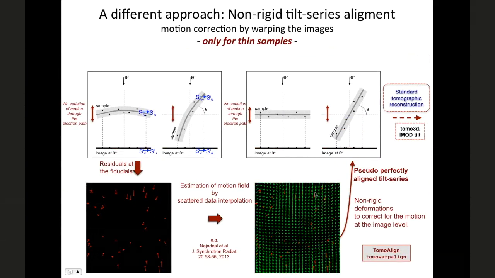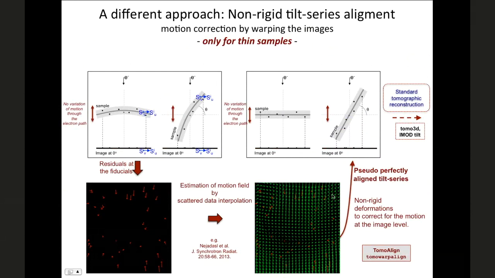Imagine, let's assume that the origin of the arrow represents where the fiducial is projected according to the projection model, and the arrowhead represents the experimental one. If we want to compensate this shift, we only need to move the pixel from here to here.